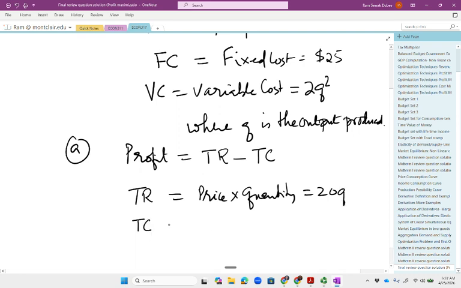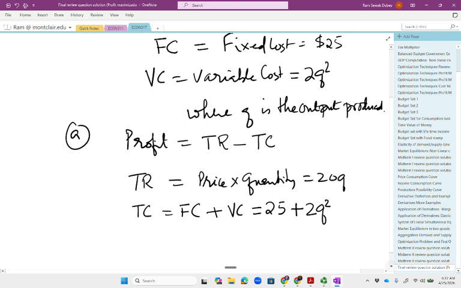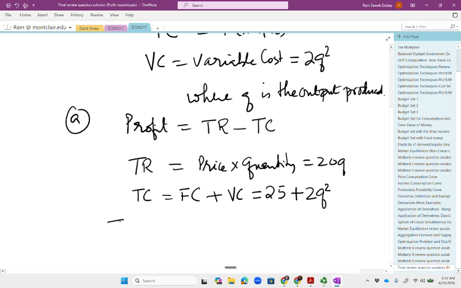The total cost is the sum of the fixed cost and the variable cost. So fixed cost is given to us to be $25. The variable cost is given to be 2q square. And so now I have got both the terms to determine the profit.